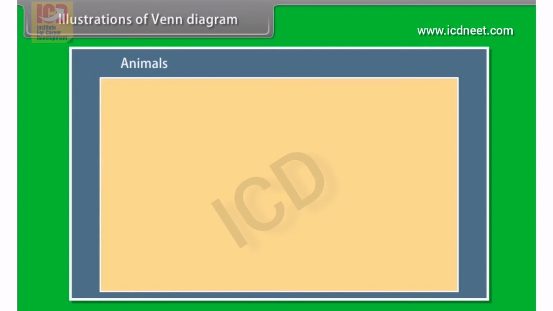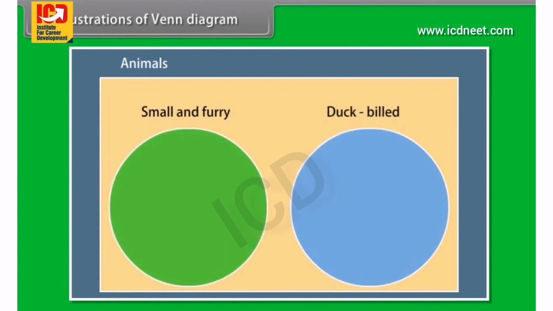Let's say we want to classify things according to being small and furry or being a duck bill. We draw circles to display our classifications. Now we'll fill in or populate the diagram. Moles, rabbit skunks, and my cat are all small and furry.